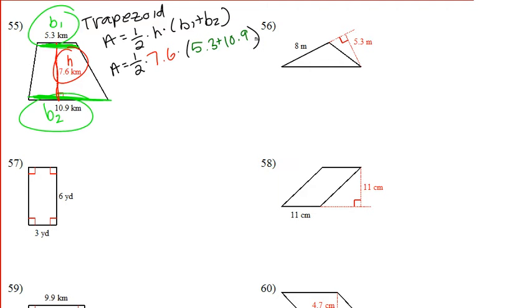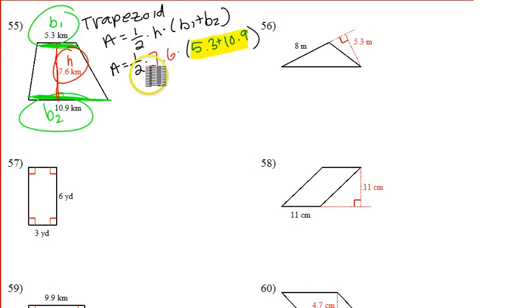So I'm going to begin by plugging all the little pieces into the formula, my height, my base 1, and my base 2. And now, on a trapezoid, we have to do one extra step to actually solve for the area. We have to add these numbers together first. Once we add those, then we can multiply everything in a calculator.